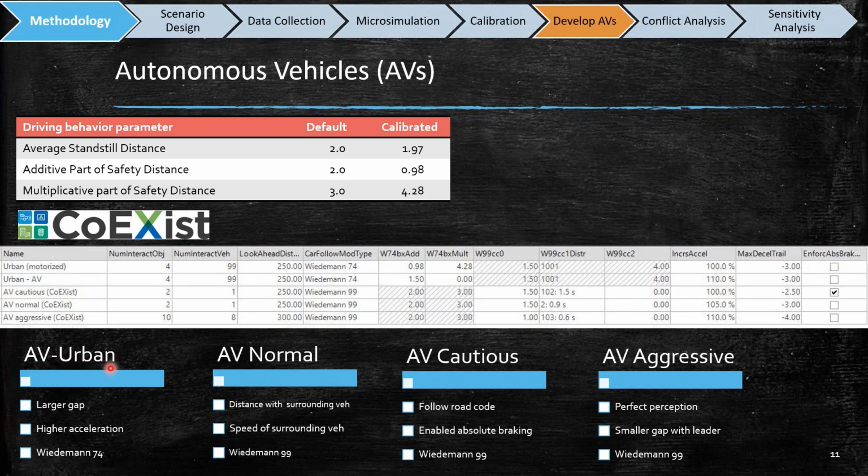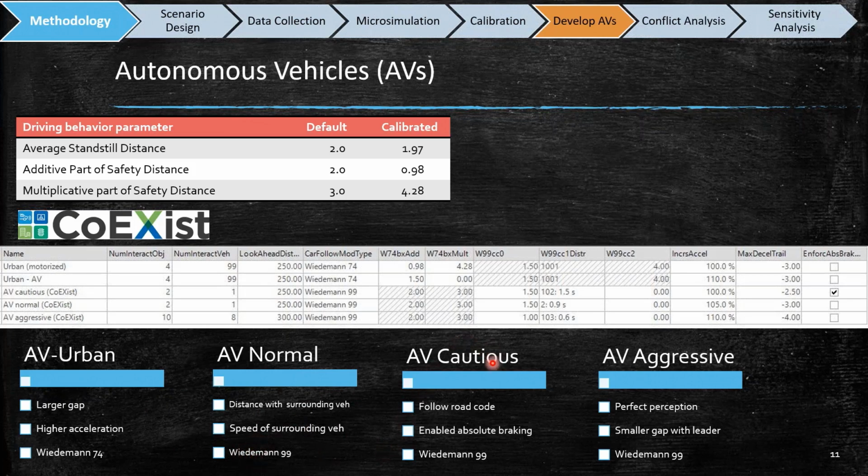The benefit of using them is that AV urban has a larger gap, a higher acceleration, and uses Wiedemann 74. It's an assumption that is not accurate because we have many uncertainties inside. AV normal considers the distance with surrounding vehicles and can also identify the speed of surrounding vehicles.